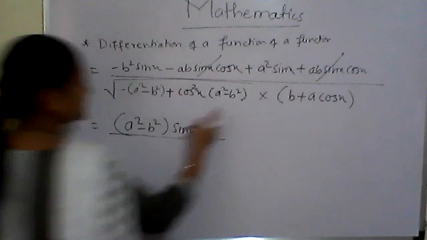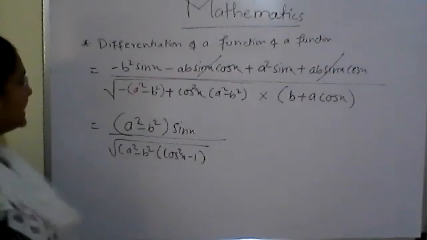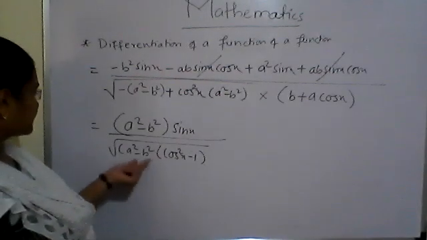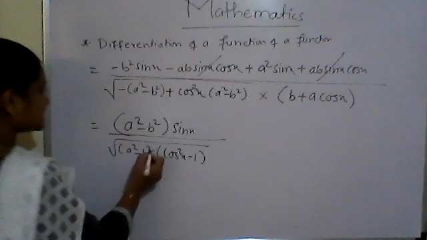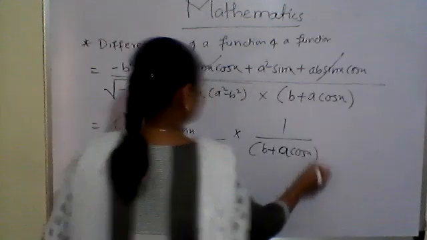A square minus b square, and in bracket what will be there? Cos square x minus 1. And if you want, we can change the sign here. Cos square x minus 1. So we can write b square minus a square into 1 minus cos square x, also you can write, into 1 upon b plus a cos x.